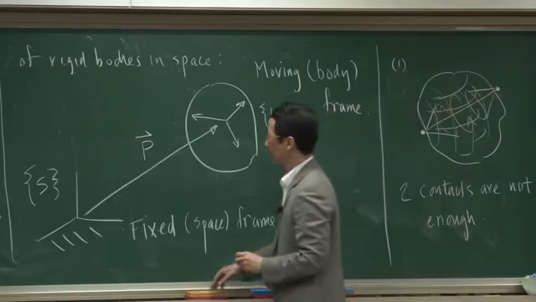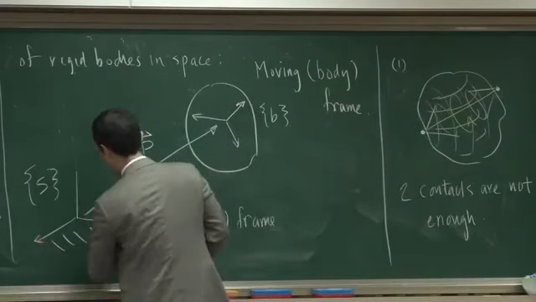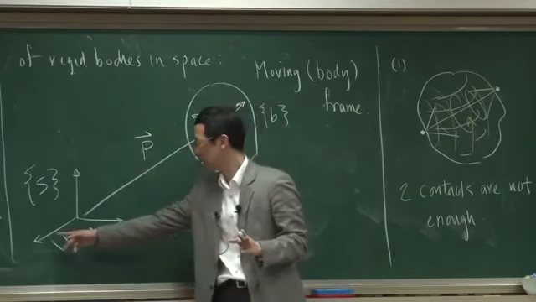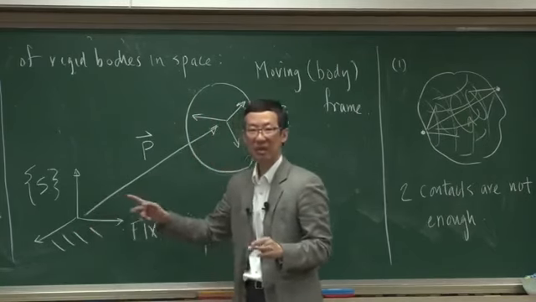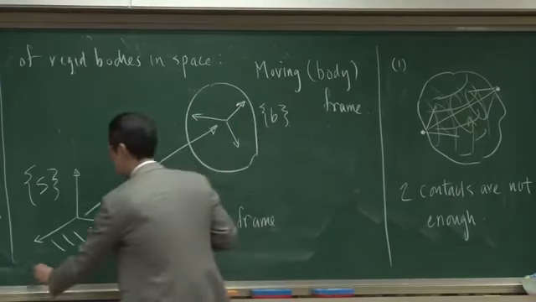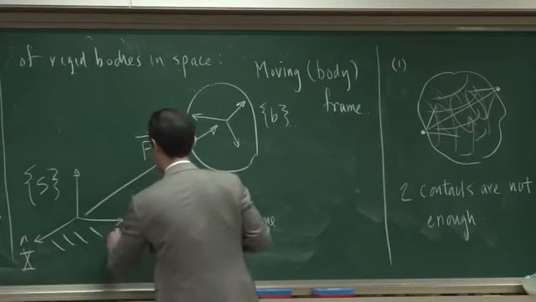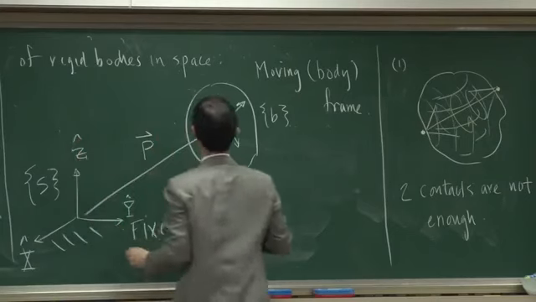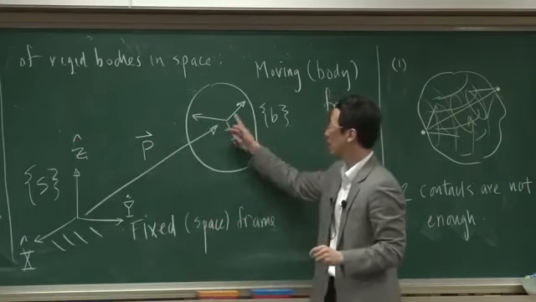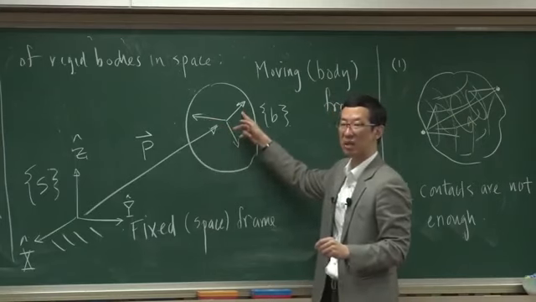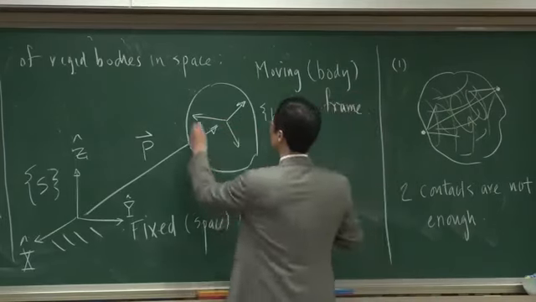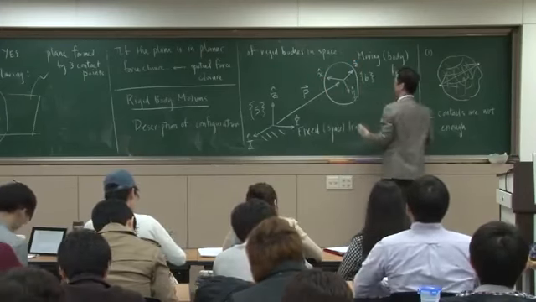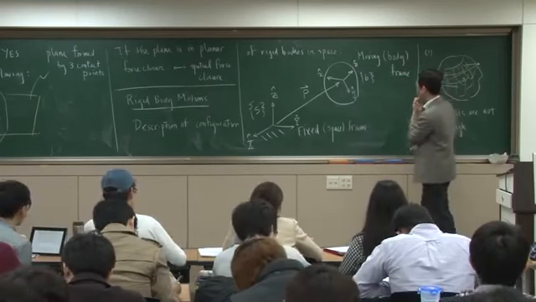This time, I'm going to label the axes of the fixed frame using large X hat, large Y hat, and large Z hat. And I'm going to do the same for the unit axes of the body frame. Let me call these small x hat, small y hat, and small z hat.